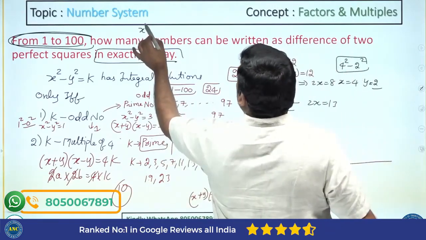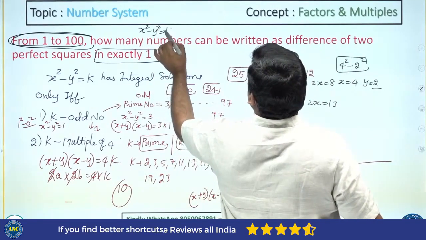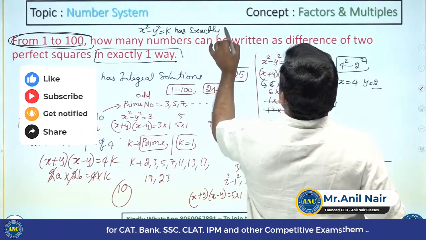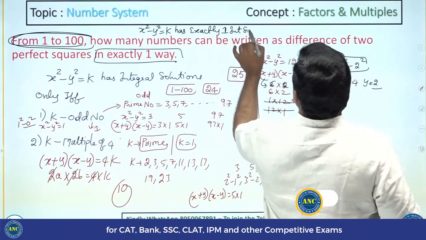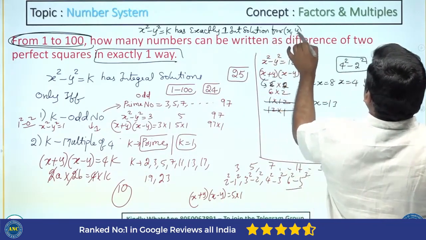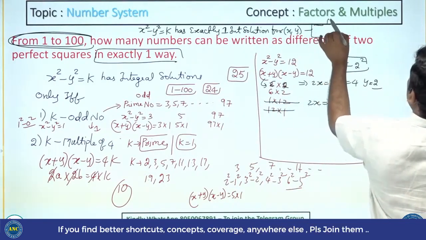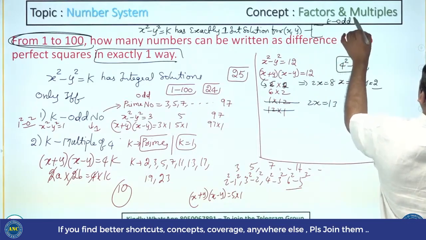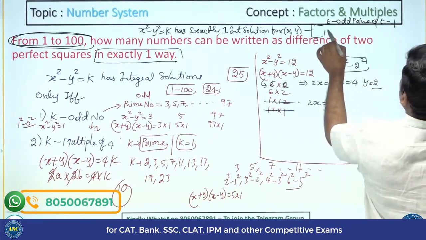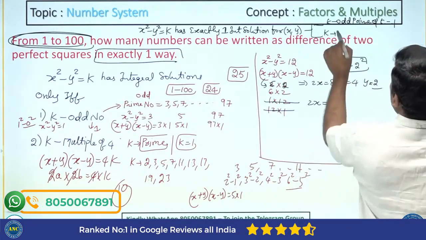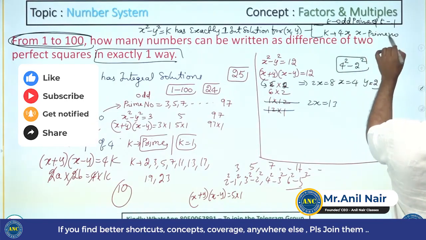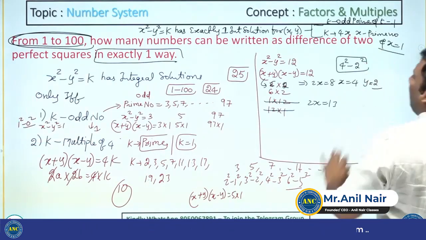Very, very important: x square minus y square equivalent to k has exactly one integral solution for x comma y only when k is an odd prime or k equivalent to 1, or k is 4 into x, where x is a prime number or x equivalent to 1. I hope the idea is clear.